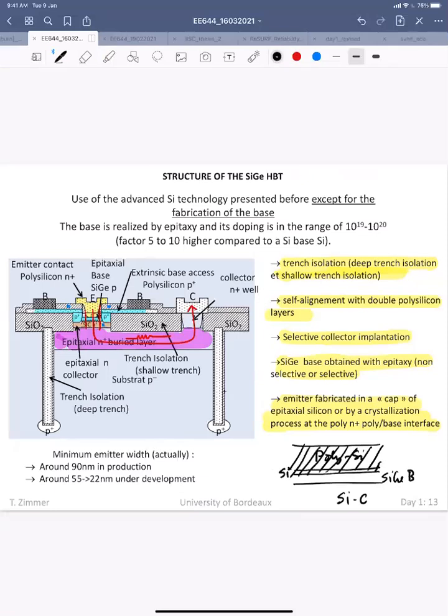Your base has silicon germanium and your collector is made of silicon. This is done for some reason, but I don't want to go there because it will take a lot of time. We are not going very deep into the fabrication process of silicon germanium HBTs.